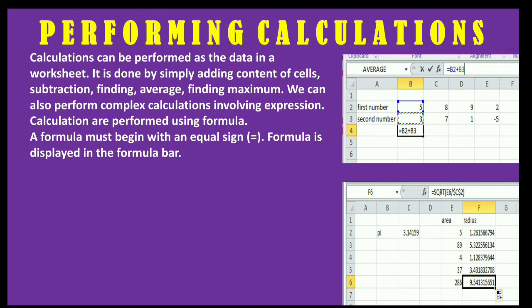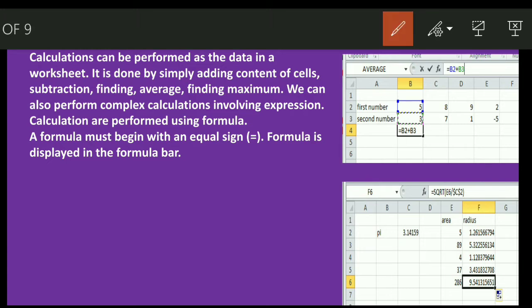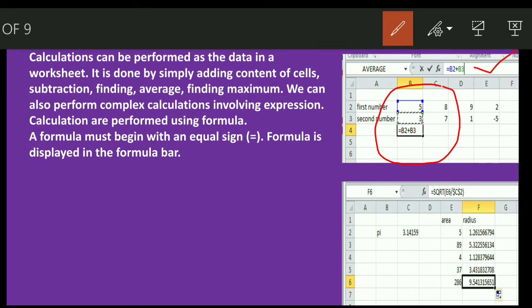If we see this particular example, in B2 it is written 5 and in B3 it is written 3. I started a formula with an equal to sign, because a formula always starts with an equal to sign. Now you can see this is the formula box. In the formula box I will write equal to B2 plus B3.